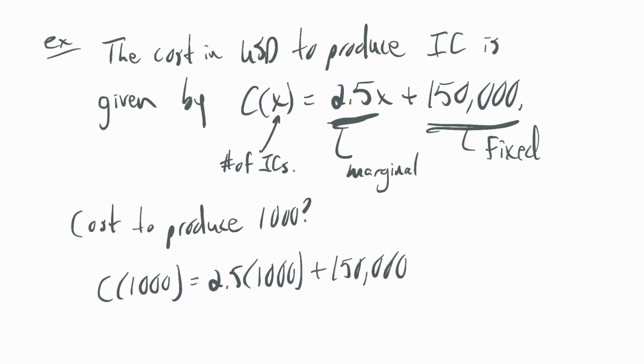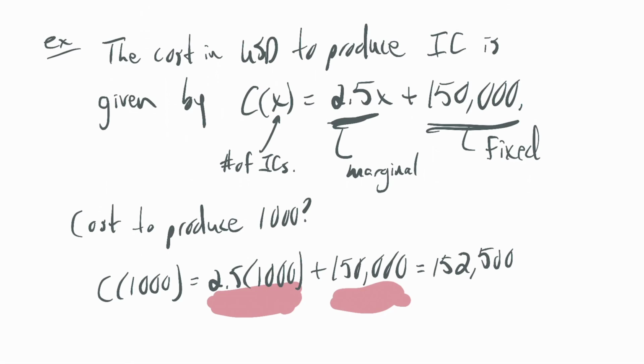So 2.5 times 1,000 is 2,500, so this would be 152,500. The variable cost, the marginal cost times the number you're producing, isn't that much. Almost all of the cost of producing a batch of that size is coming from the setup cost. So you're not really being very efficient.